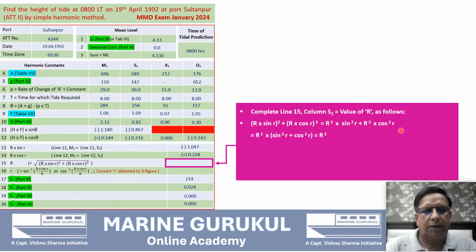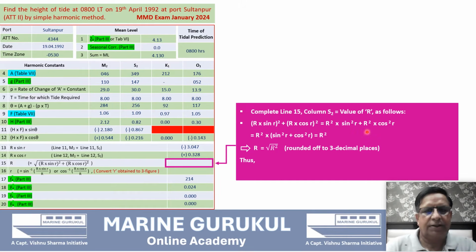From here, capital R square is taken out as common, leaving you with sine square r plus cos square r inside the bracket. And we know sine square theta plus cos square theta is 1. So this expression reduces to R square. And if we want the value of R, what do we need to do? We just need to take square root of this R square and round it off to 3 decimal places.